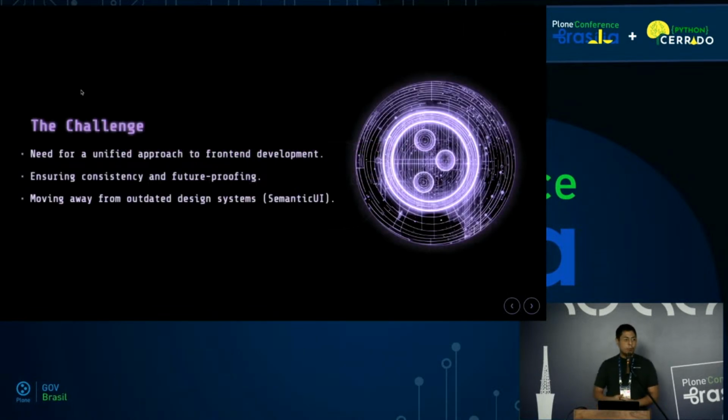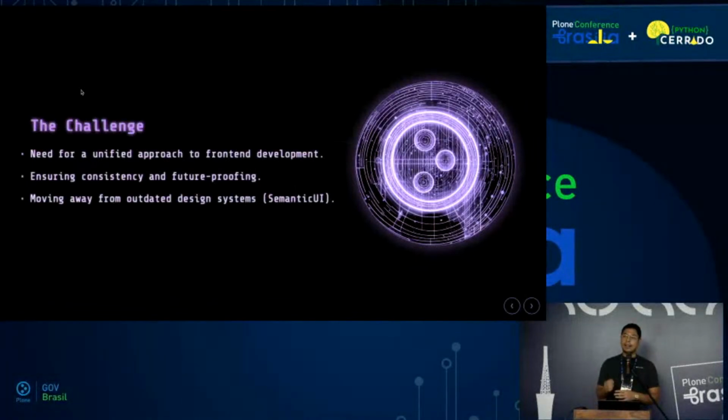So why was there a need for a Volto Light theme? Well, because we need a unified approach for talking about how Plone 6 comes with this new React frontend. But React is such a big world and there are so many options. We were maybe starting to get lost with different approaches.